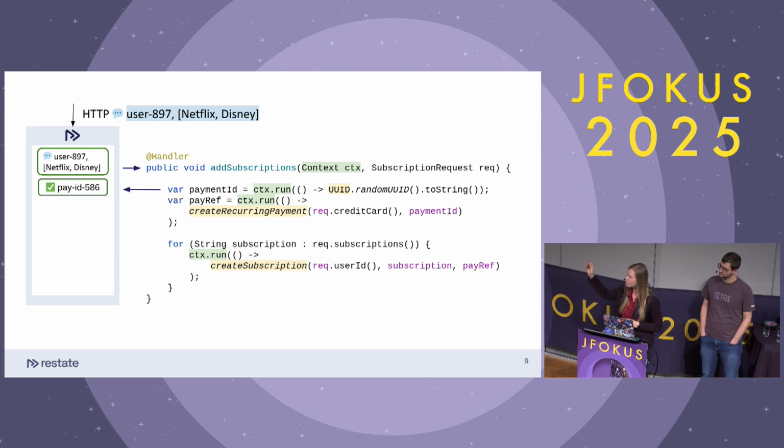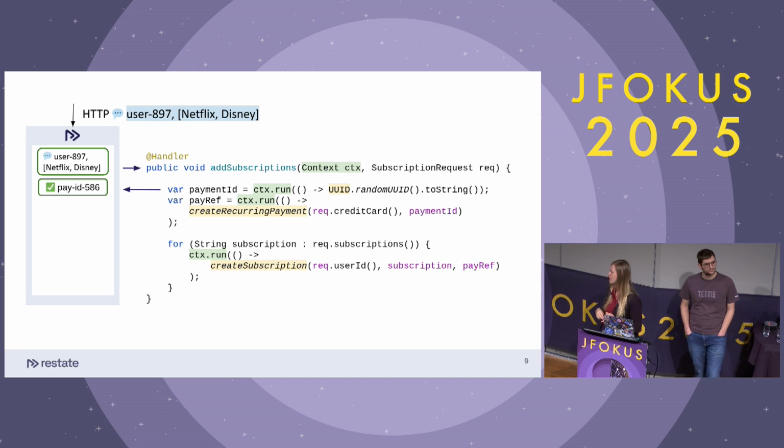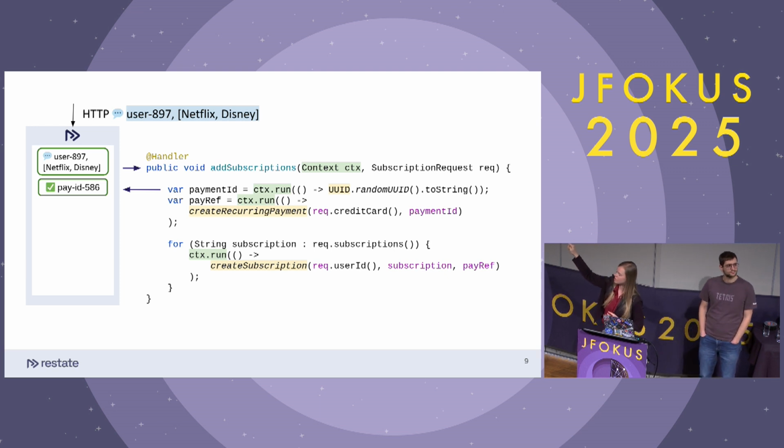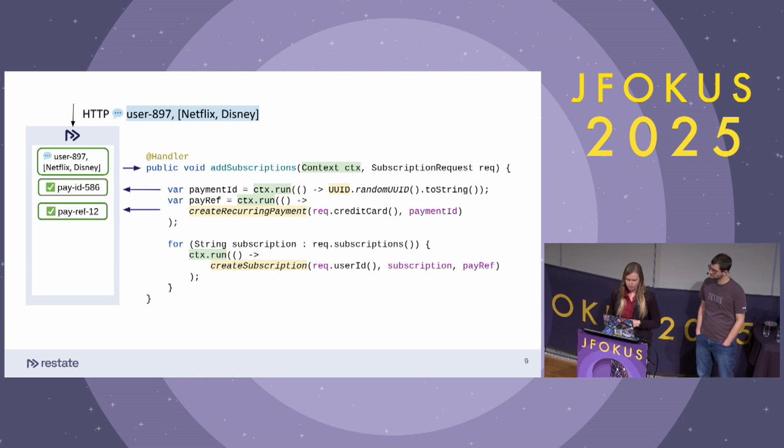So every time we do something non-deterministic or something with an external effect, like writing to a database or doing an API call, we will have an entry in the journal which says that we did that. So here it's the payment ID 586, then we create the recurring payment and we have a reference. Then we add Netflix as a subscription.